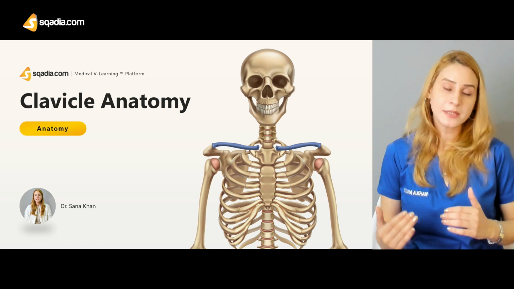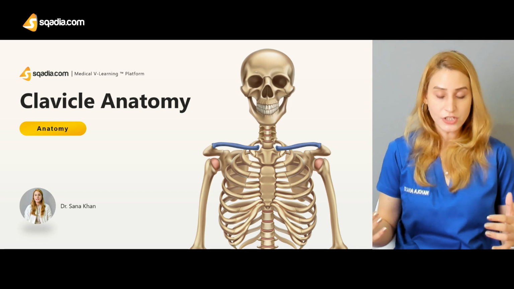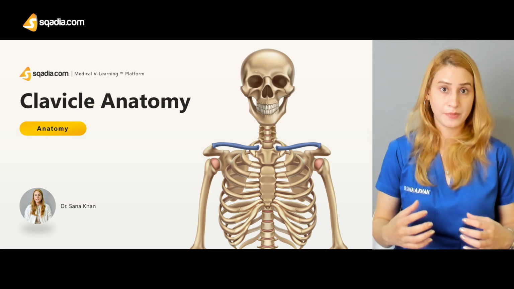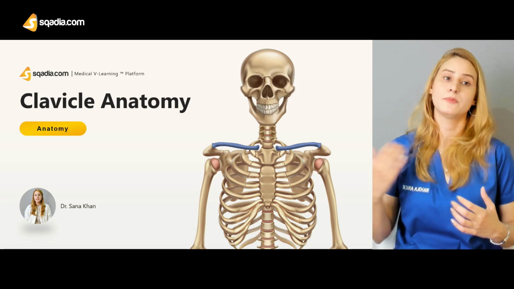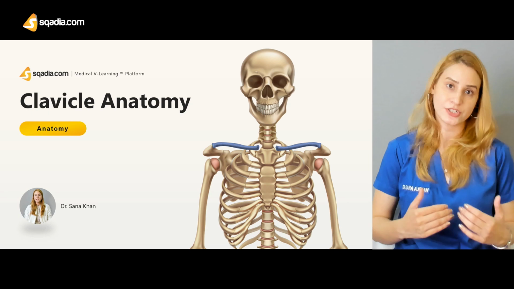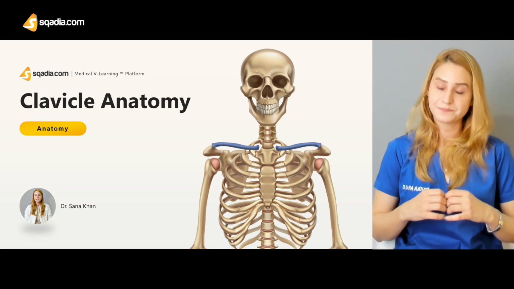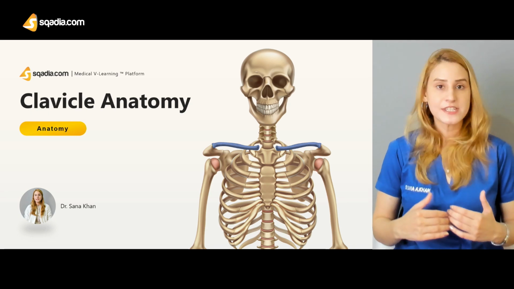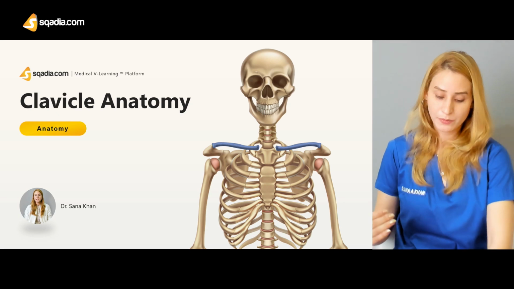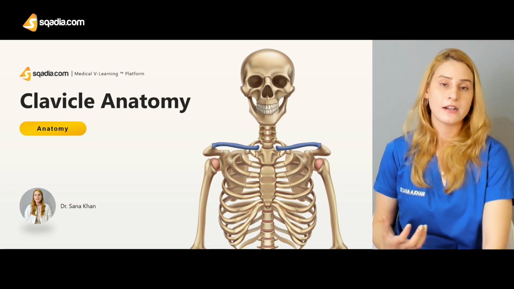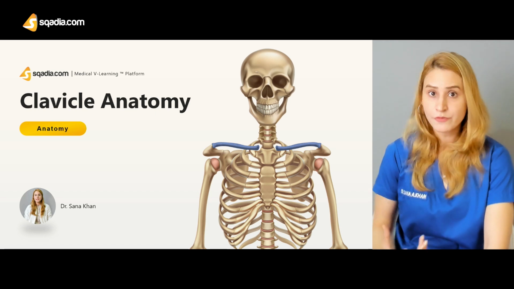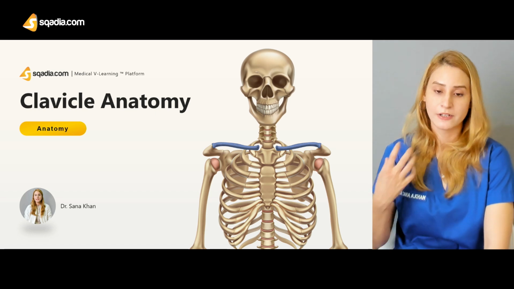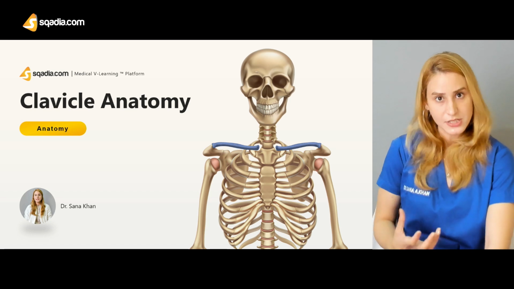Then we will be talking about the different structures related to the bones, or the muscles which have origin or insertions on that particular bone. And then their surfaces, their ligaments, and then their movements and the weight-bearing function of that particular bone.